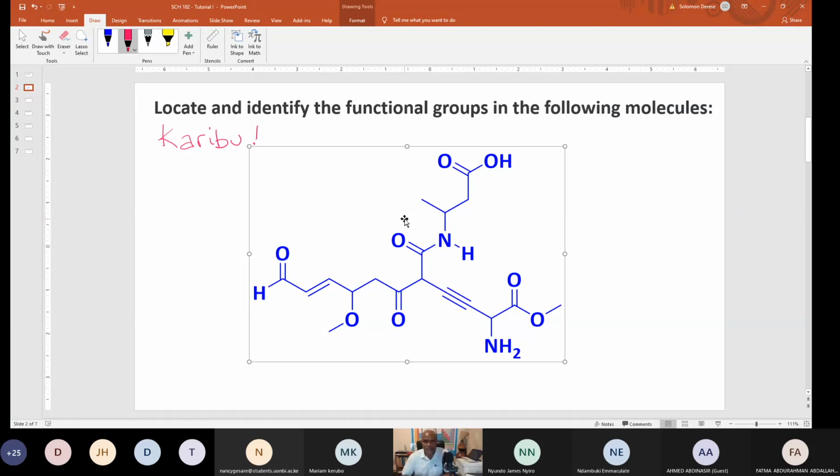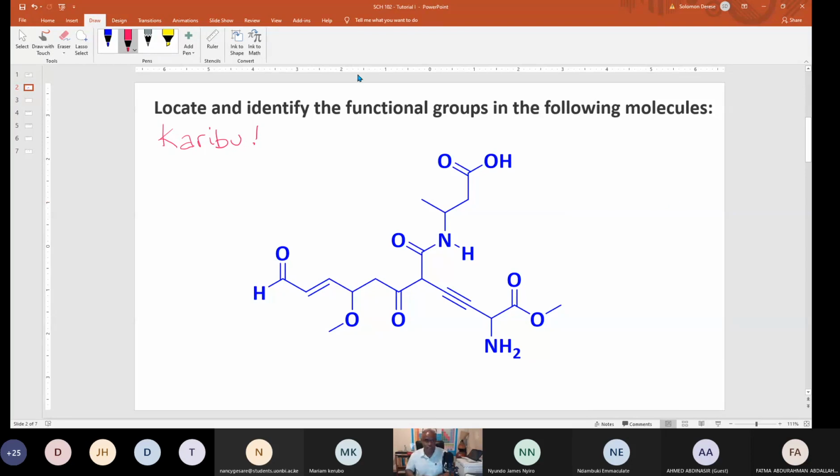This is indeed the case for many important organic molecules. They have several functional groups, each of which plays an important role in the property of the molecule. So what I'm going to do now is first identify the simple ones, the easy ones, the ones we know, and then build on that.